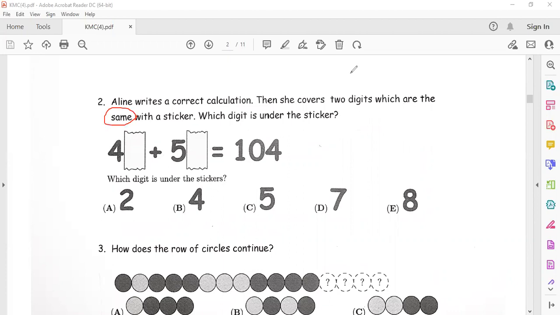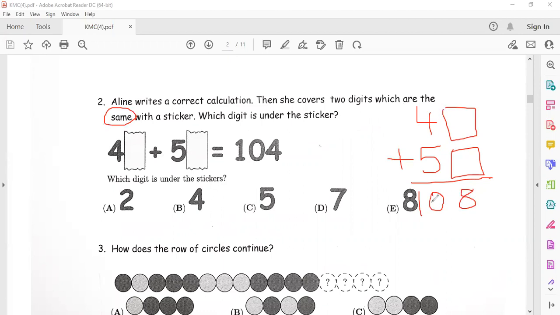An easier representation would be to write it in the standard written method. So 40-something plus 50-something is going to give me 104. Remember to write it in the correct place value. You could say, oh yeah, 2 plus 2, it has to be the same number, gets me 4.